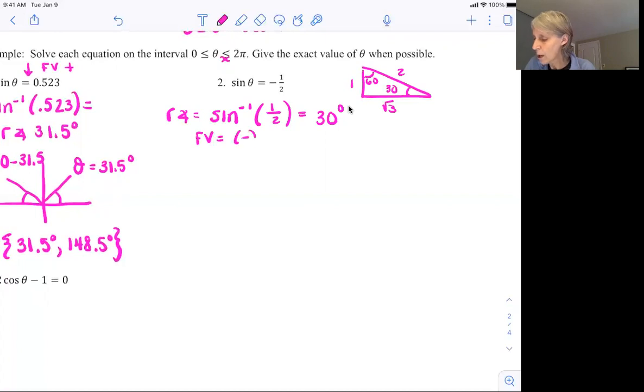We're looking for the quadrants where the sine is negative. So our solution is not going to be in the first or the second quadrant. It's going to be in the third and the fourth quadrant. So we have to adjust and find the value of this angle, 180 plus 30.